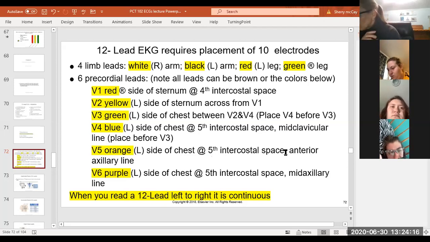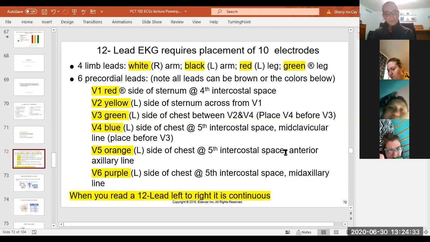So V4, V5, and V6 are all in the 5th intercostal space, and we're slowly moving back around the rib cage. Essentially, your V6 is almost right underneath the underarm.